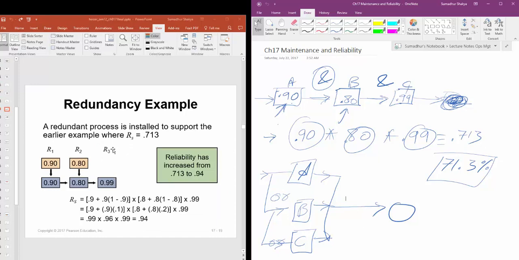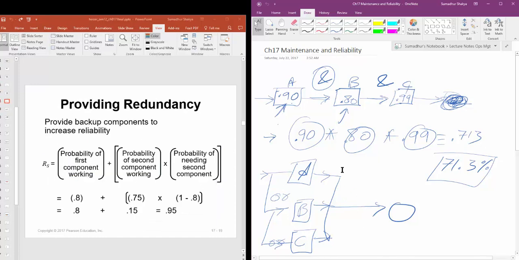First thing is, if component A works, we will have an output. If A does not work, but B does work, we will have an output. At this point we can go to the next one, C, as well, but to keep things simple, the first thing is, what is the probability that we will have an output when A did not work but B did work?